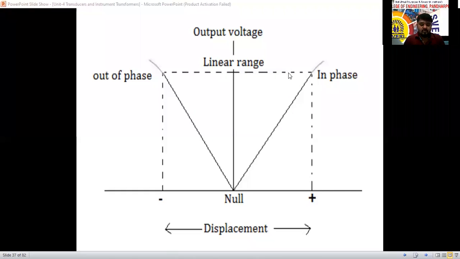Okay, so we have discussed the LVDT. Can anyone tell me what the long form of LVDT is? I am asking the long form of LVDT. Linear variable differential transformer.